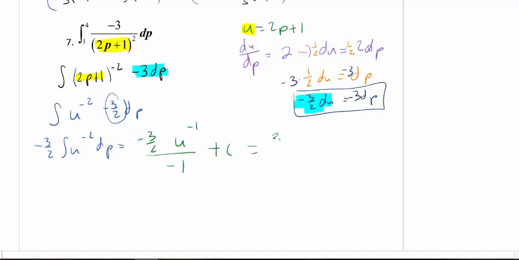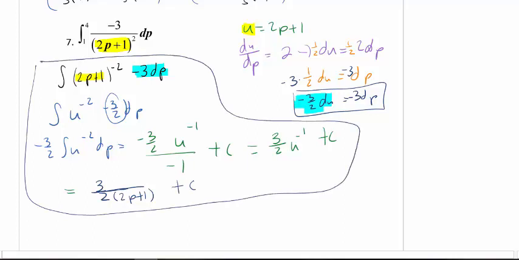So I will get 3/2 u to the negative 1 plus c. I'm going to now plug back in for u. So I get 3/2, and again, this would be now in the denominator, right? Because it's a negative exponent. So 2p plus 1. It would be 2p plus 1 to the first power, so I'm not going to put that. Plus c.